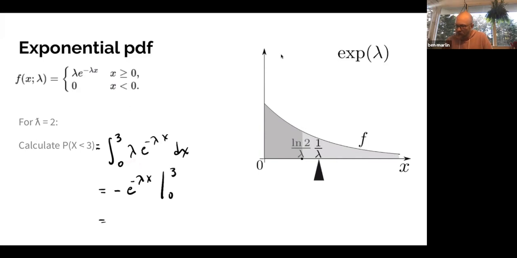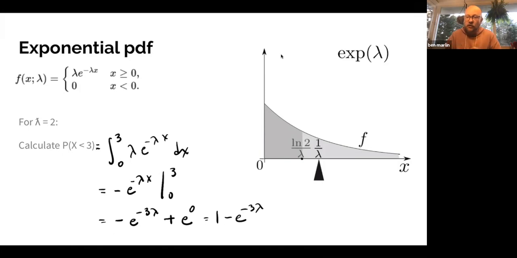And so you plug in the 3 at minus e to minus 3 lambda, and then minus a negative e to the, when you multiply lambda by 0, you get just 0. So we'll have 1 minus e to the minus 3 lambda.